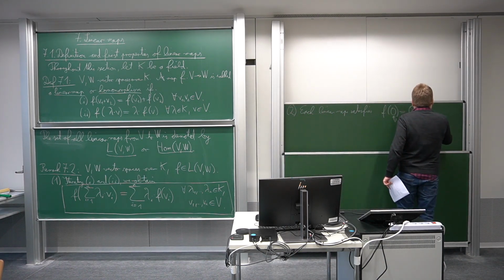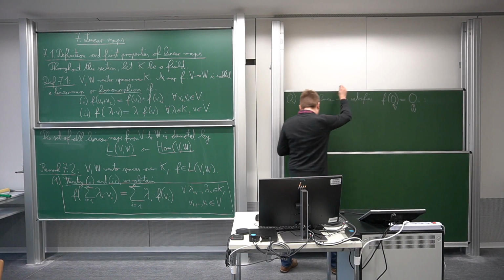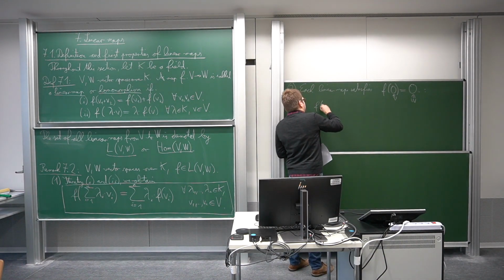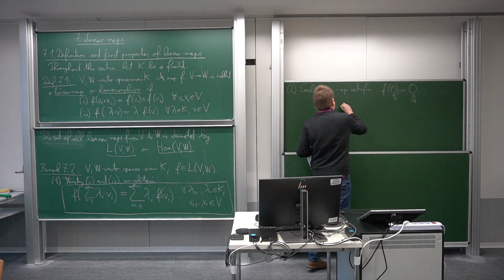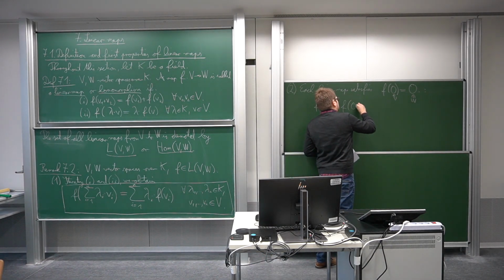Why is that? We know that f of 0, now the 0 vector can just be written as 0 plus 0.